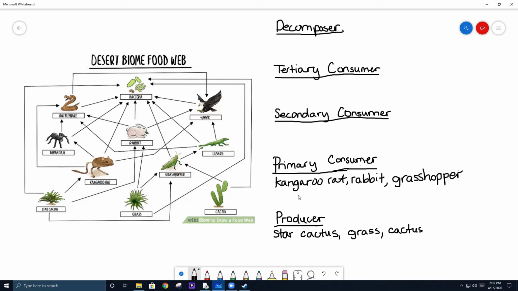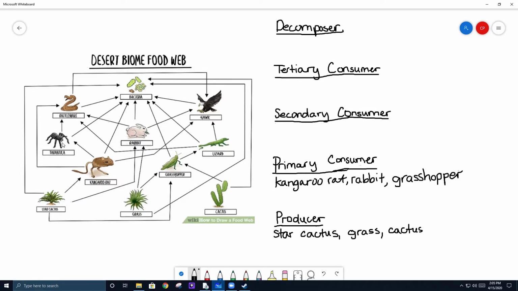Okay, so now that we have our primary consumers, those are everyone. Next, we can go to secondary consumers. Secondary consumers are the things that eat the primary consumers. Los consumidores primarios son las cosas que se comen los productores. Pero el secondary va a ser las cosas que se comen los consumidores primarios. So anything that eats a kangaroo rat is considered a secondary.